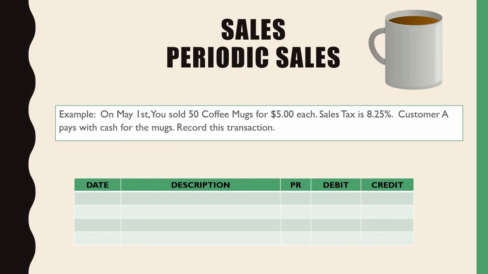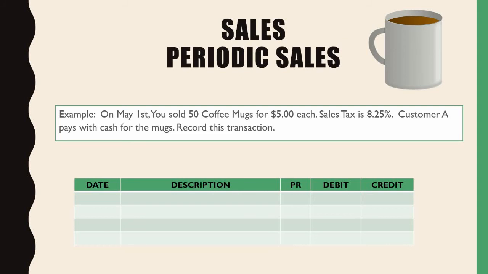We have to record a sale in the first place before we can return the product, okay? So first things first, on May 1st, you sold 50 coffee mugs for $5 each, okay? Sales tax was 8.25% and customer A pays you with cash for the mugs, okay?